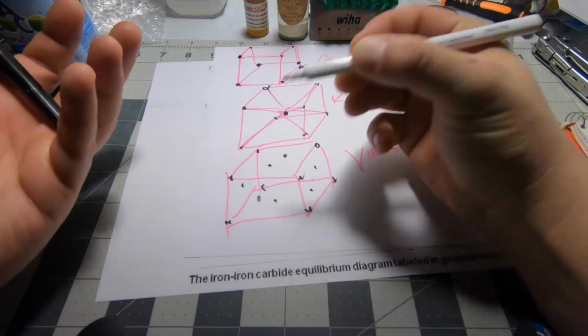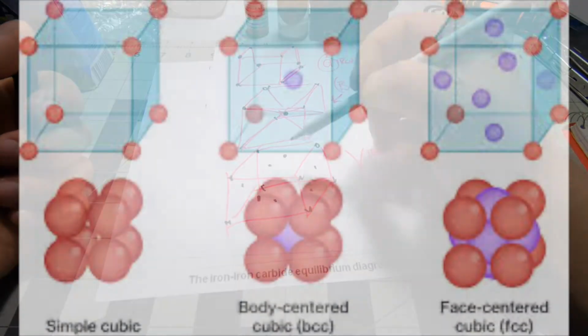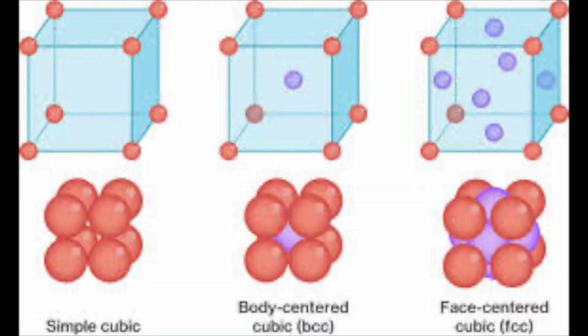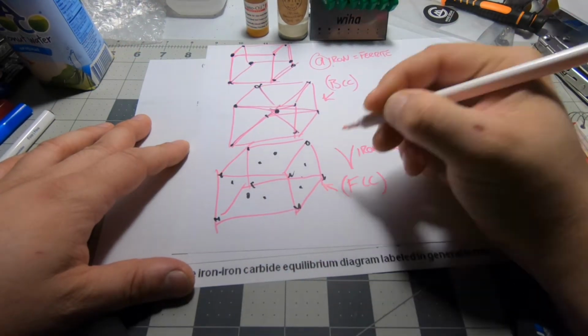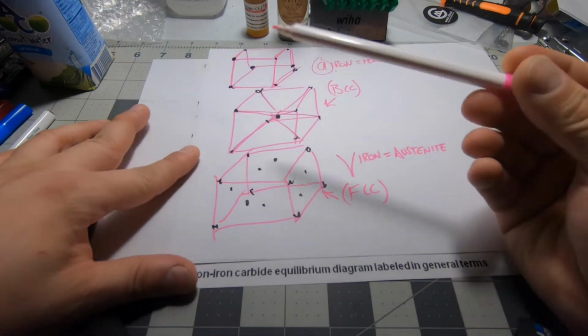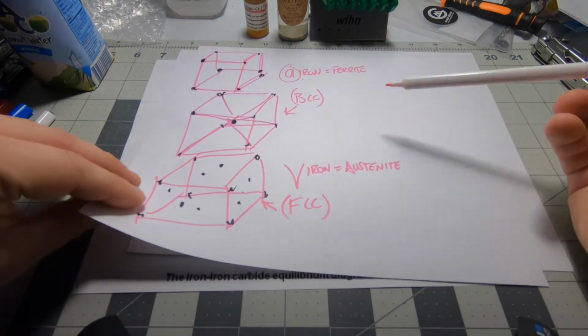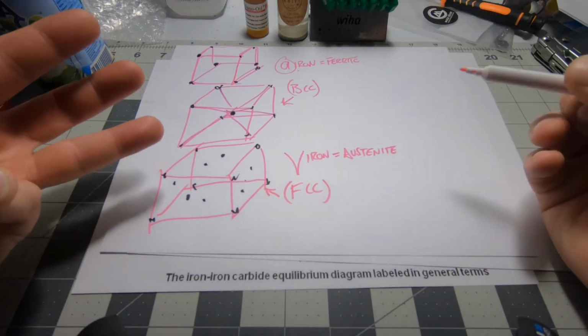Does that make sense? So each one is on the face. So it's called FCC, face-centered cubic. And that's what these grains look like in these two different phases, because there's actually three phases.